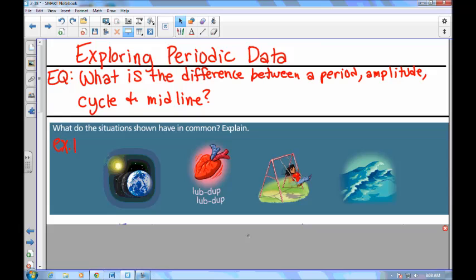I appreciate those who have turned and started talking about it. Find a neighbor, please. What do they have in common? And discuss it with your neighbor. Brainstorm off of each other.